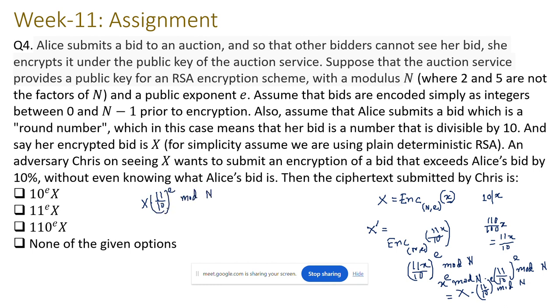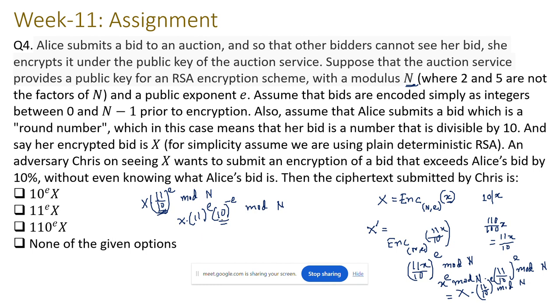Now notice that we can perform this operation, so you can also write it using 10 inverse to the power e. And 10 inverse is computable because it is already mentioned in the question that n is not a multiple of 2 and 5, or in other words n is co-prime to 10. That's why the inverse of 10 exists, right?